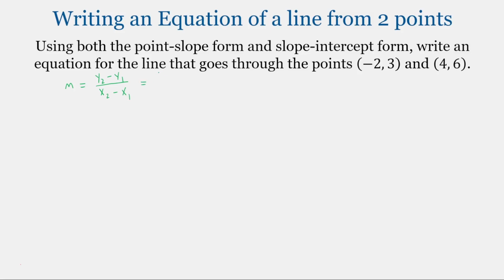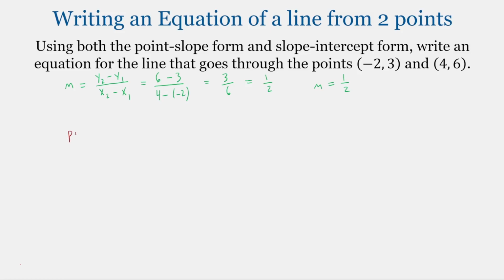So in the numerator, our change in y, we're going to have 6 minus 3 all over, and then in the denominator, we'll have 4 minus a negative 2. This gives us 3 all over 6, and 3/6 simplifies down to 1/2. So our slope, m, is equal to 1/2.